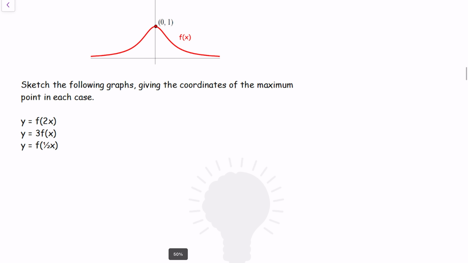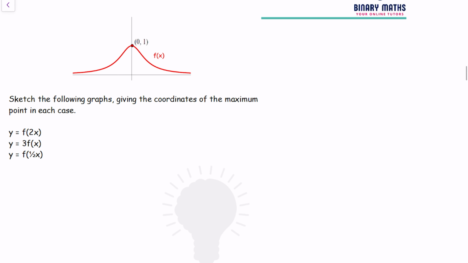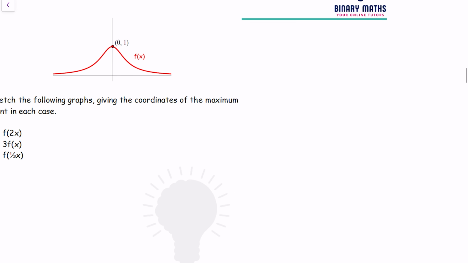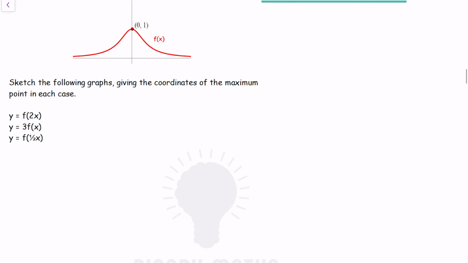Okay, next question. Sketch the following graphs given the coordinates of the maximum point in each case. So y equals f of 2x. It's a stretch by scale factor a half, because it's the x that's affected.